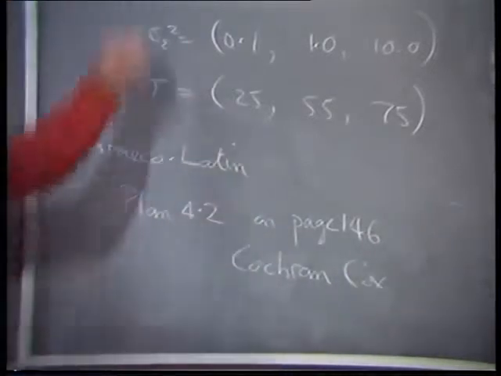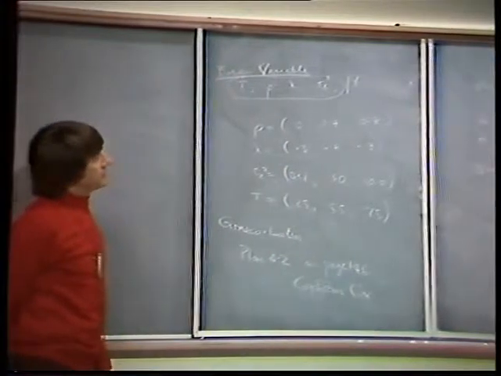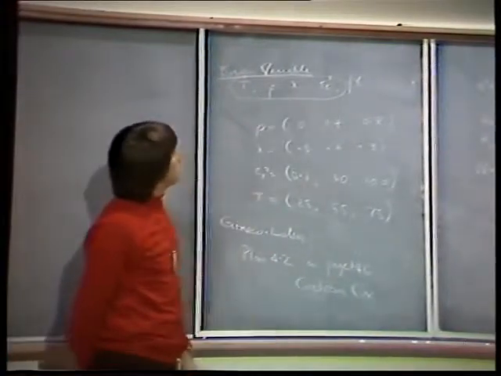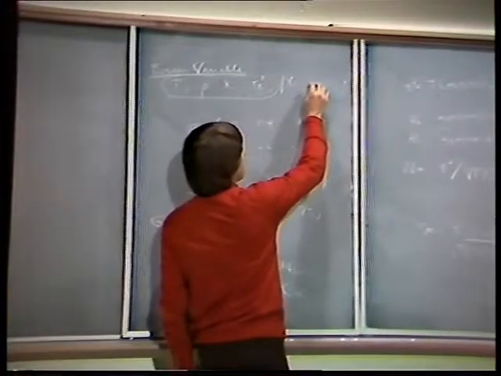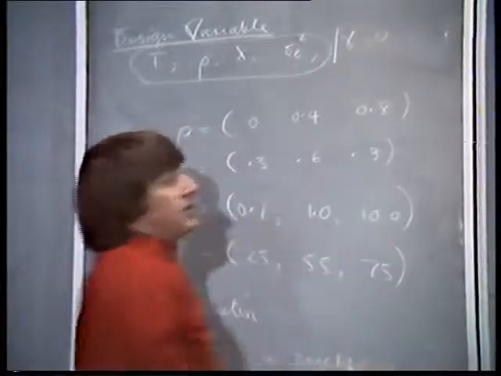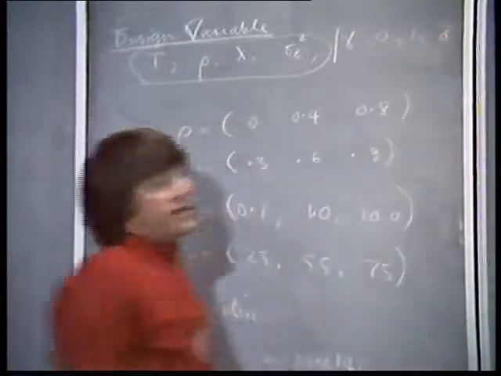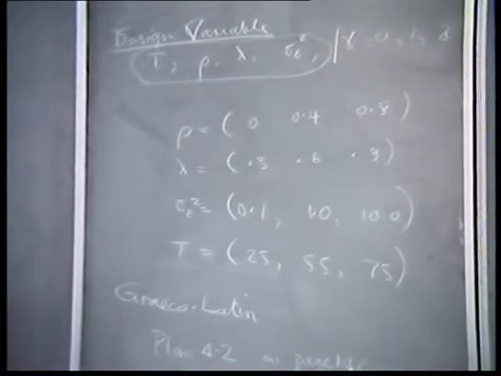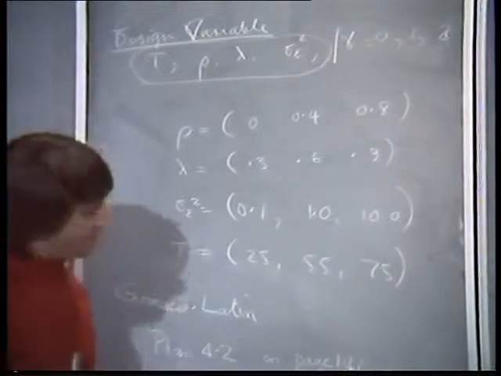So that determined the experiments, 9 experiments in all, for combinations of those design variables. We then performed those experiments for gamma equals 0, gamma equals 1, and gamma equals 2, giving us 27 experiments altogether.